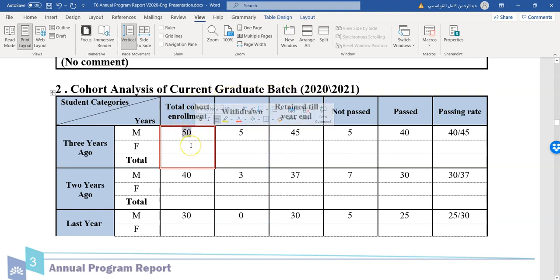from 50 students that they entered my program 4 years ago, 50.